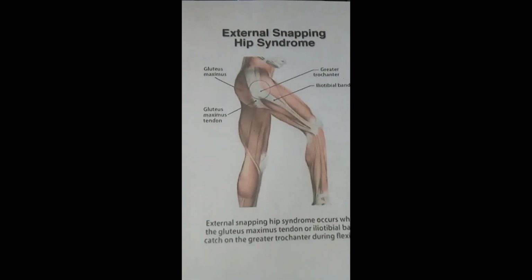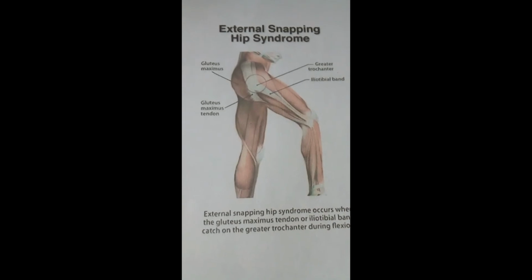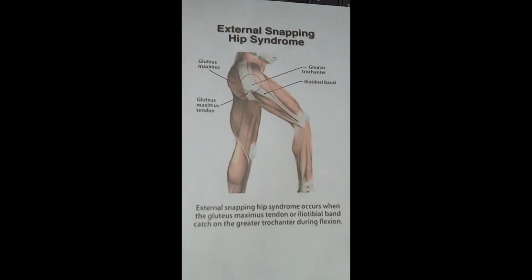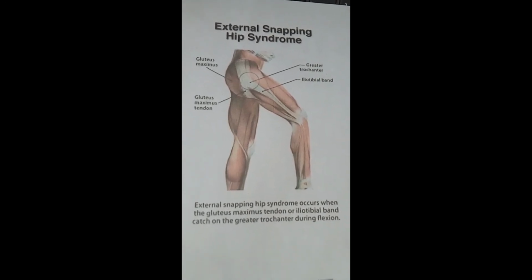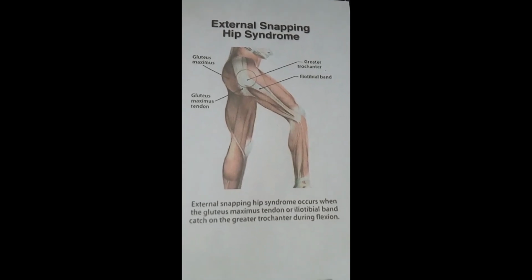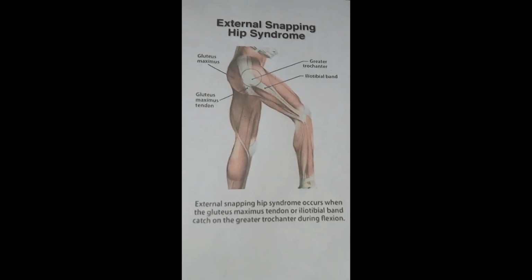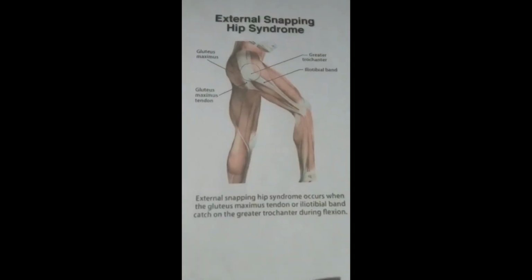Whereas the external, it's the gluteus maximus and the IT band, which just catch on the bone, which again can just rub, and with overuse, much like IT band syndrome, it can cause inflammation, and also can affect the bursa, which are those fluid sacs in the joint.